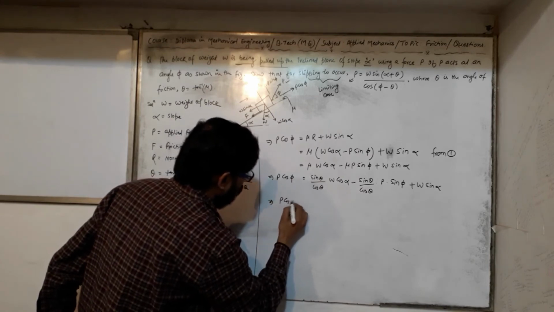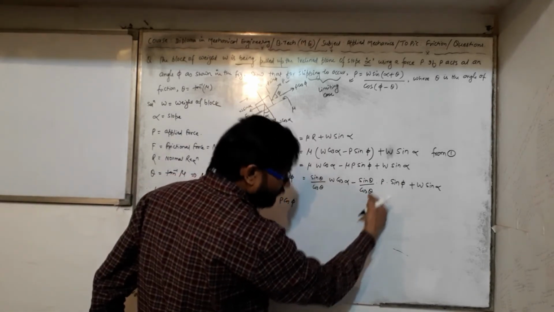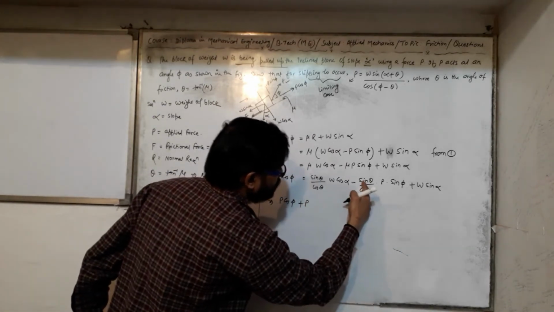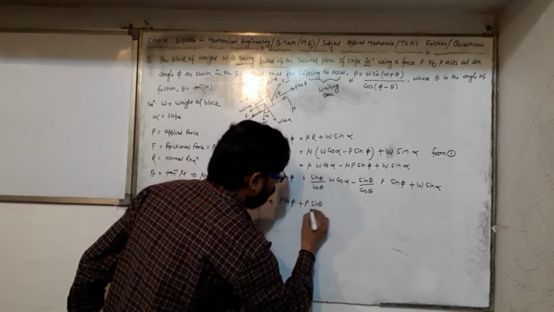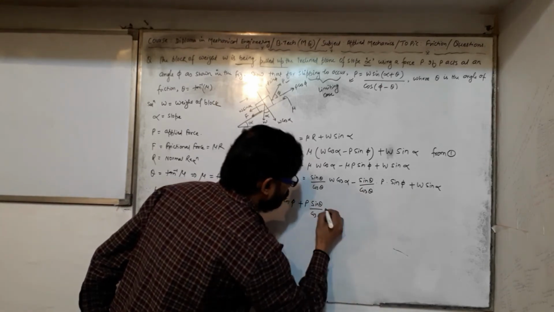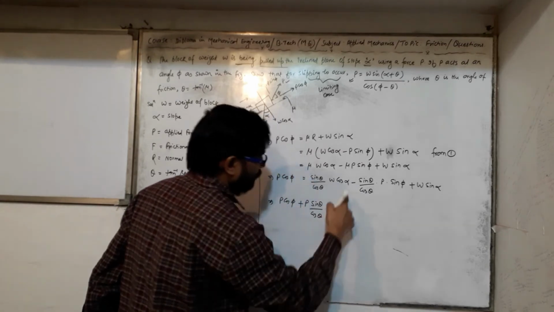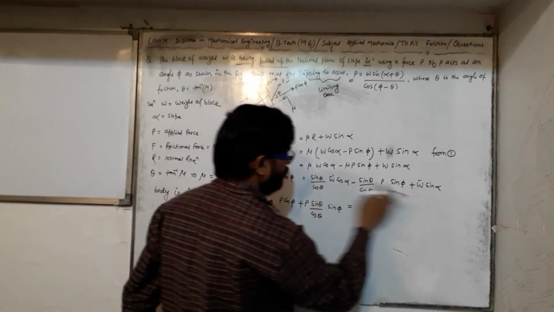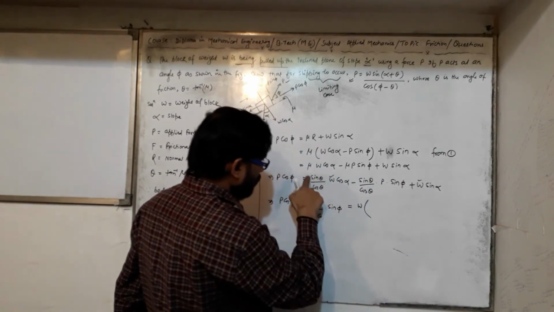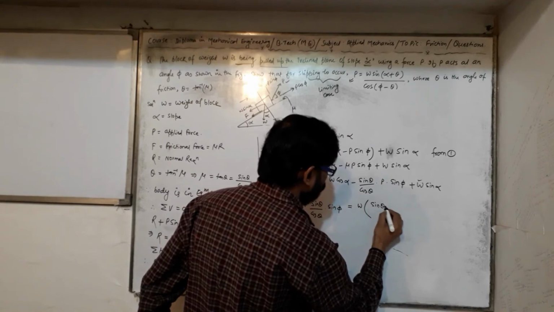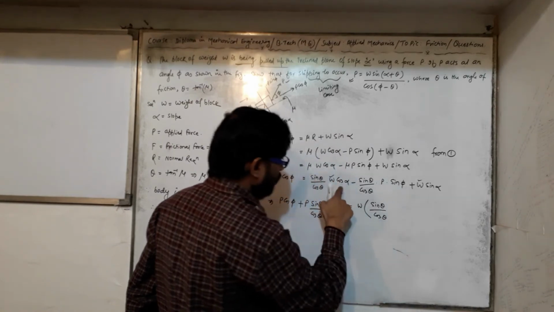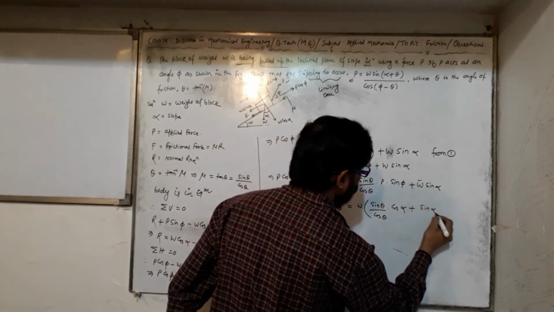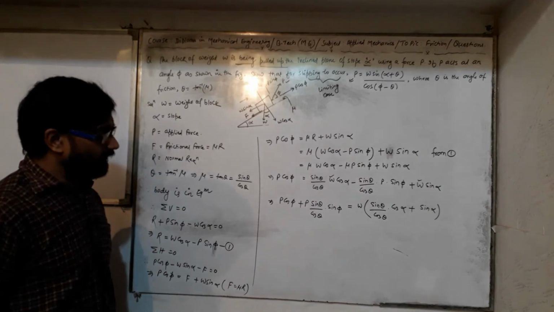This term with negative, transposing to the left hand side, becomes positive, plus P into sin theta upon cos theta times sin phi, equals W, and in the third term W is there, so W times sin theta upon cos theta times cos alpha plus sin alpha. Everything is clear, I hope.